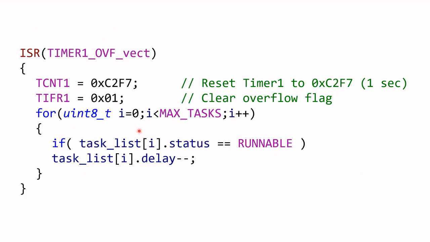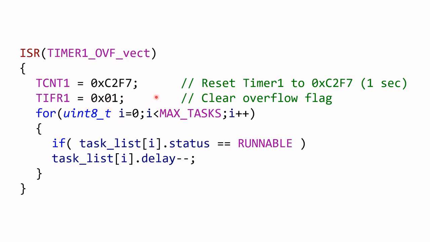Let's take a look at the details. So here is the ISR timer 1 underscore OVF underscore VECT. Now here we use this value as C2F7 hexa and load it into the timer control register that will set it for a 1 second duration.